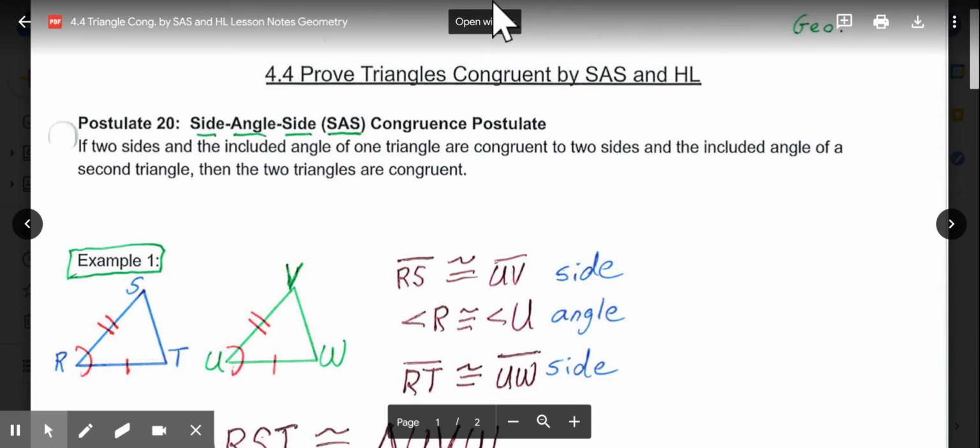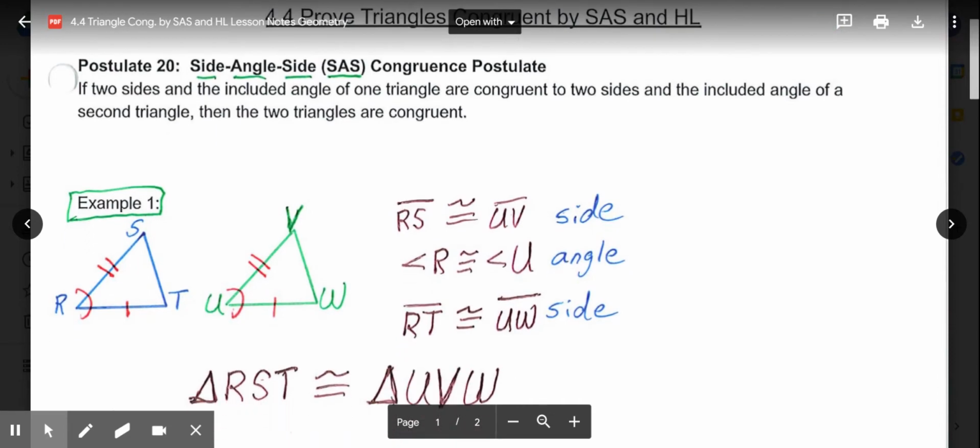The included angle is the angle where those two sides meet. So if I'm looking at side SR and side TR, my included angle is angle R, or angle SRT, where those two sides meet. If I was looking at RT and ST, my included angle where they meet would be angle T.